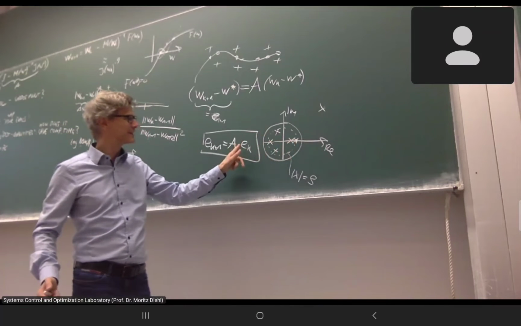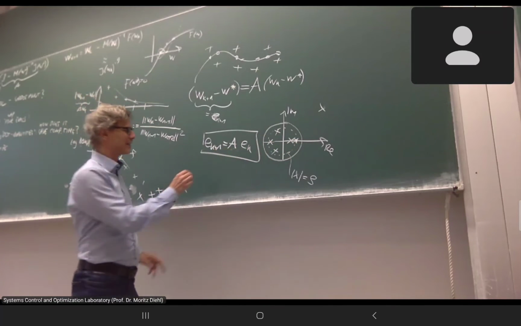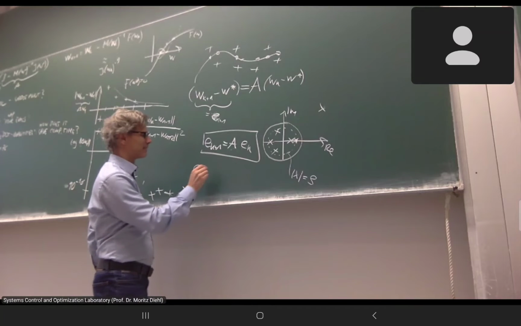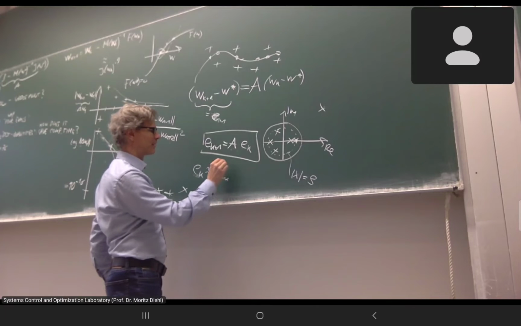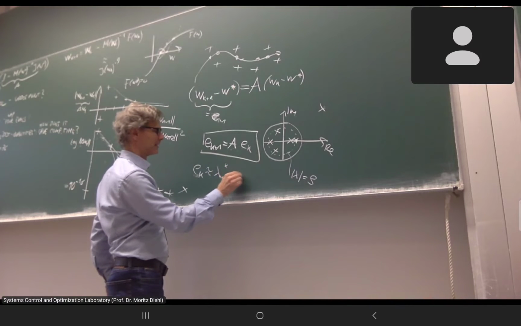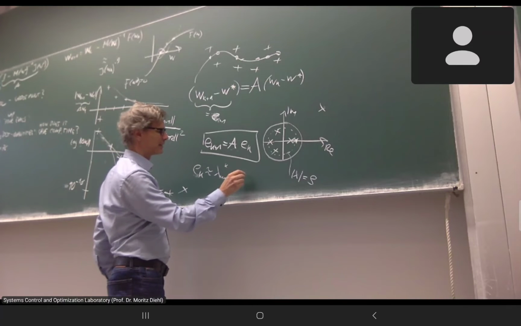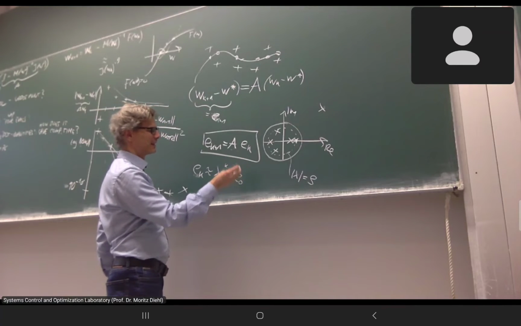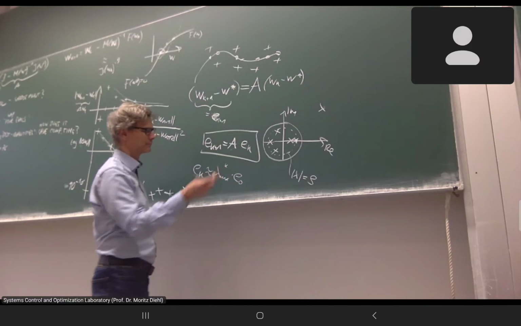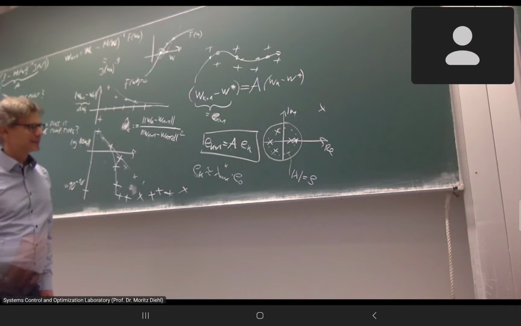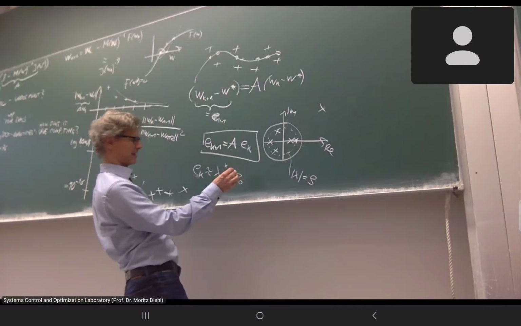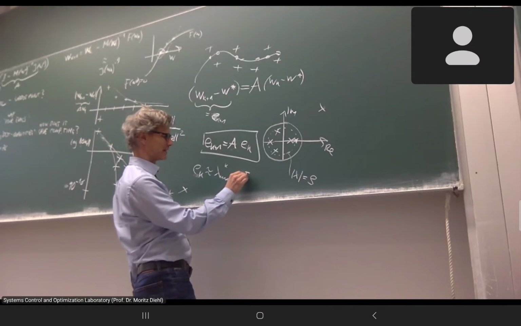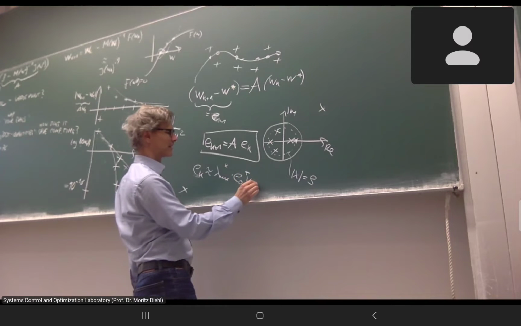And so after a while, these errors E will be similar to lambda max to the power of k times E0, but only the component in the eigenvector max direction, which I could express like this: E0 transpose V max.